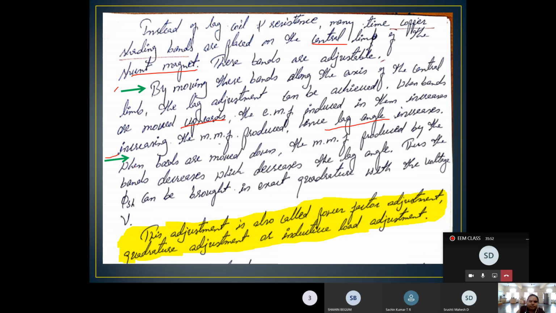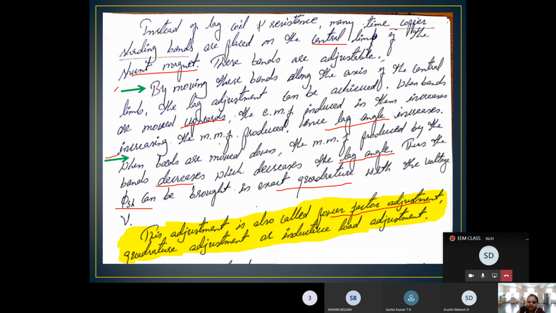This is one adjustment. When the bands are moved down, the MMF produced by the bands decreases. So what about the lag angle? It also decreases. Thus, phi sh can be brought in exact quadrature with the voltage V. Due to this, the lag adjustment is also called power factor adjustment.